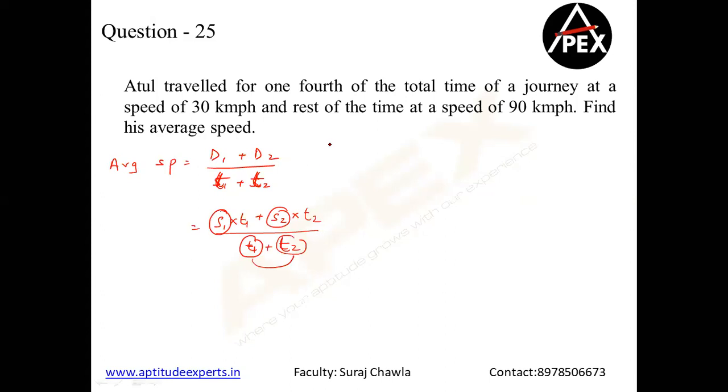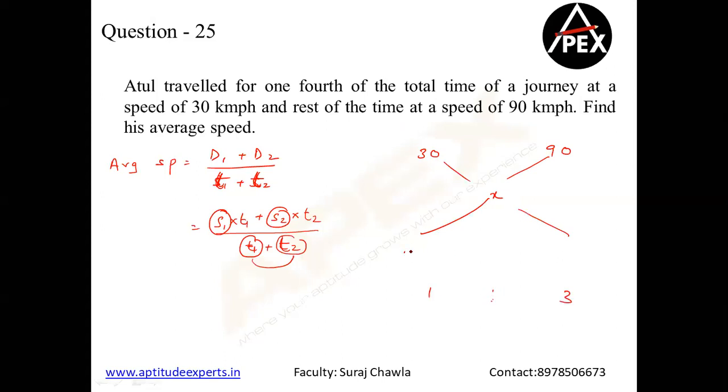Clear? So my simple logic is 30 is one of my speeds, 90 is my second speed. I do not know the average. Once I alligate them, I get the ratio of the time taken.